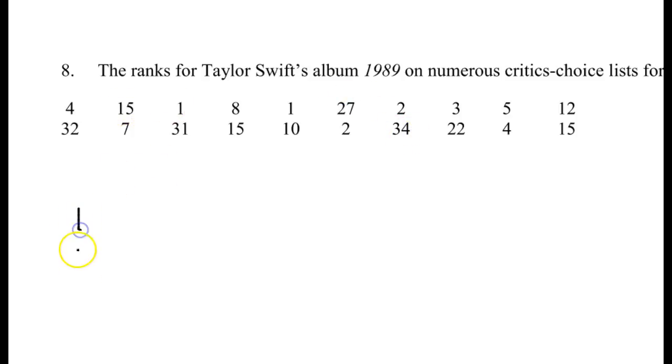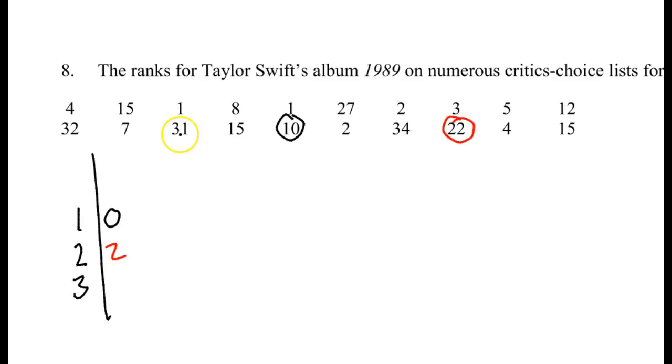So for something like, let's see here, 10, it'd be 1, 0, right? That would be 10. And then for 20, the smallest 20-something is 22. That would be 22. And for the 30s, 31, I think, is the smallest.